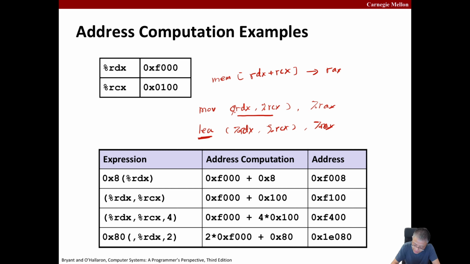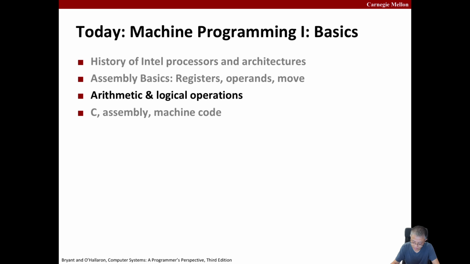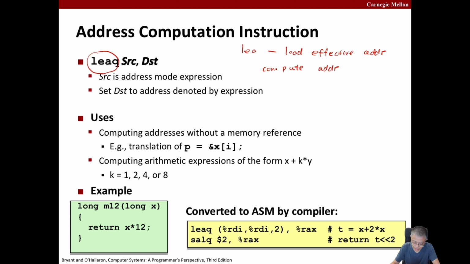So it calculates RDX plus RCX, the address of the memory, and saves this into the RAX register without accessing the memory. Okay, so the load effective address instruction just calculates the address.